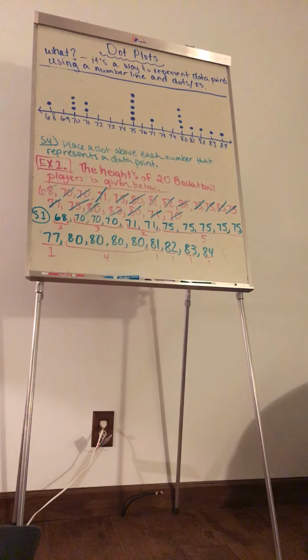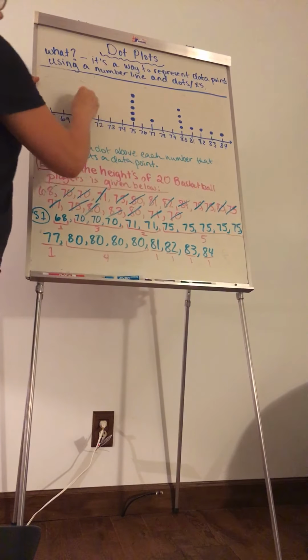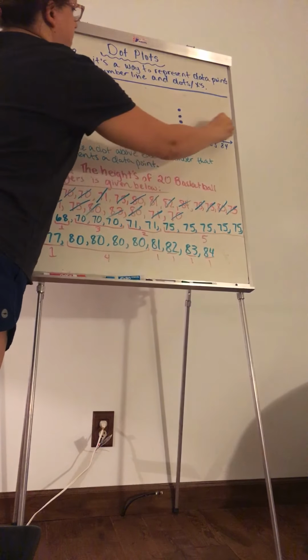Okay? So now what we're going to do is we're going to take a dot plot and turn it back into a number line. Okay? So I'm going to leave this number line up here, but I am just going to erase the dots, and I'm going to place new ones up here.